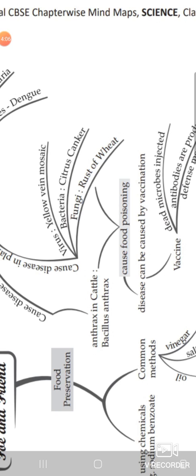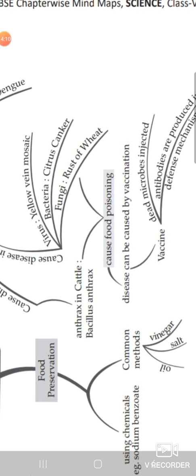Okay, now diseases can be prevented by vaccination. Vaccination is one of the processes to immunize our body system. So what is a vaccine? Actually, a vaccine is a preparation of dead microbes which are injected into our body.